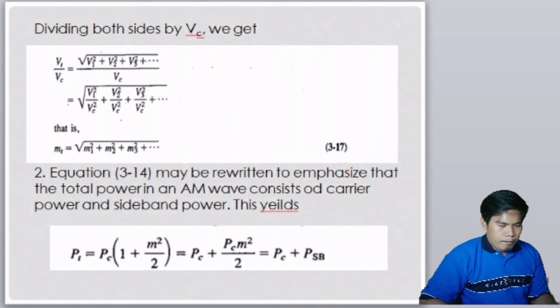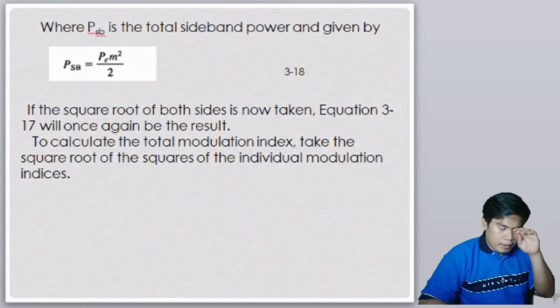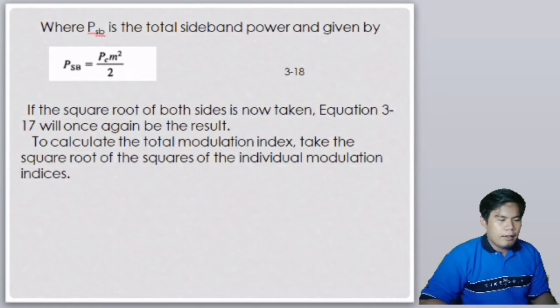This yields power total is equal to power carrier times 1 plus m squared over 2, which is equal to power carrier plus power carrier m squared over 2, which is equal to PC plus power sideband, where power sideband is the total sideband power and is given by power sideband is equal to power carrier m squared over 2.